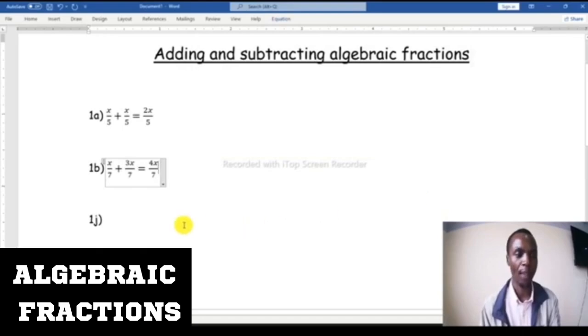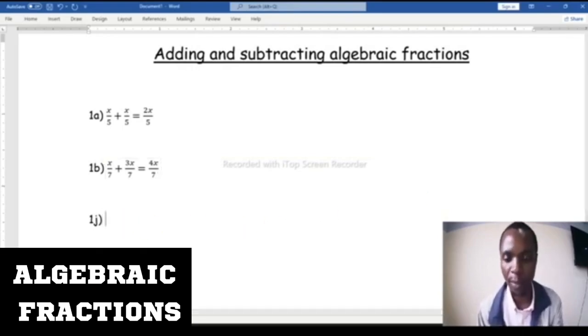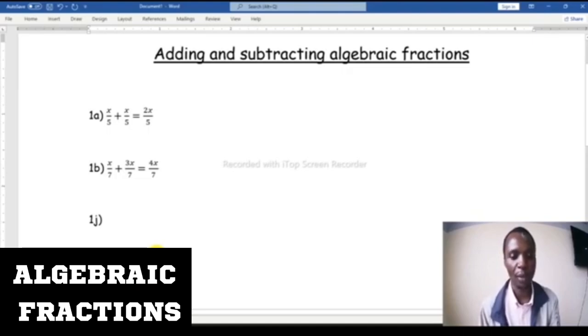Let's try another problem where there are different denominators. J says y over 2 minus y over 8.